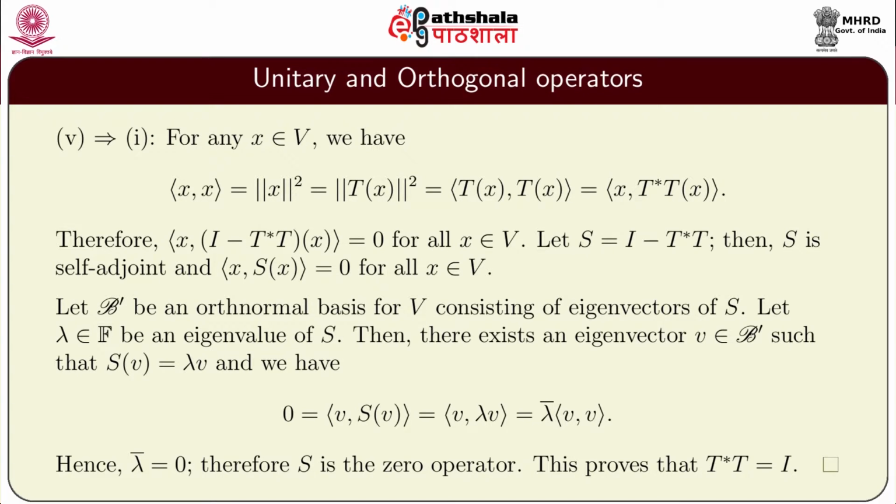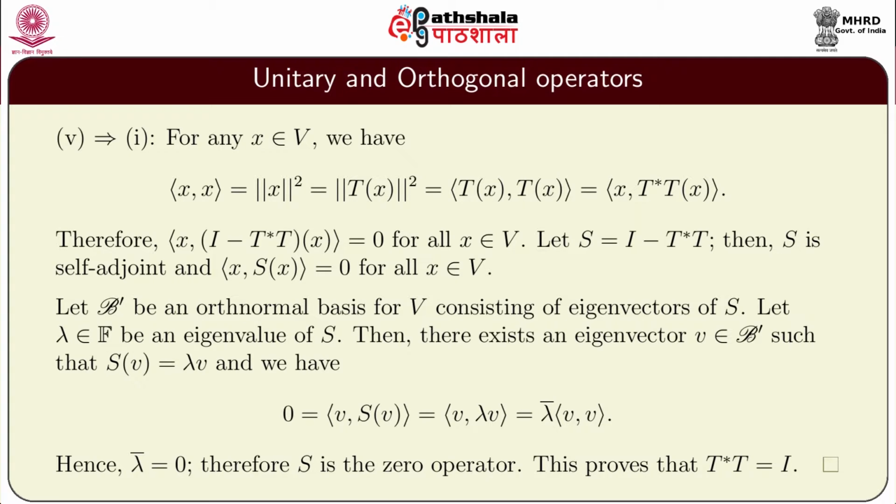Let B dash be an orthonormal basis for V consisting of eigenvectors of S. That is because S is self-adjoint, and therefore, we do have an orthonormal basis for V consisting of eigenvectors because it is diagonalizable.